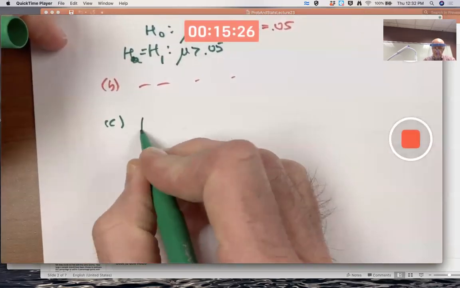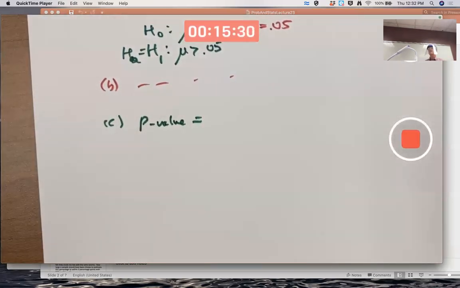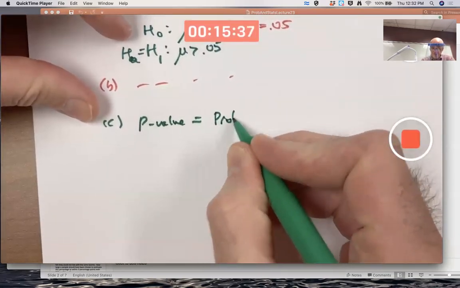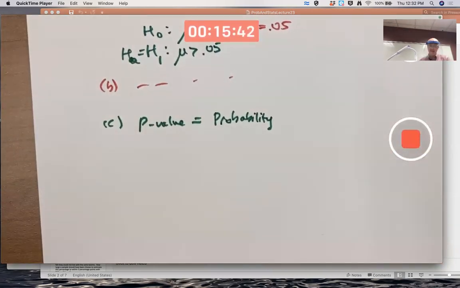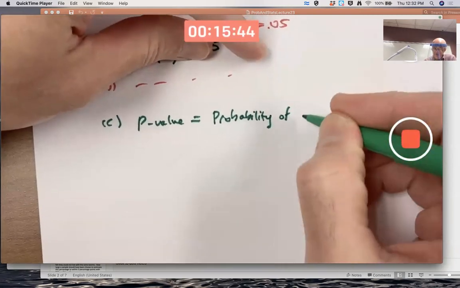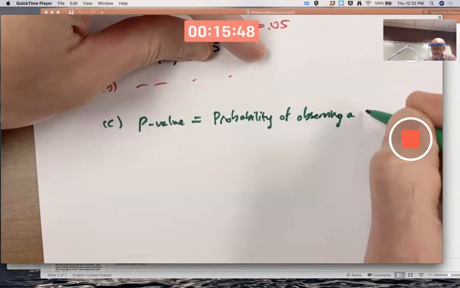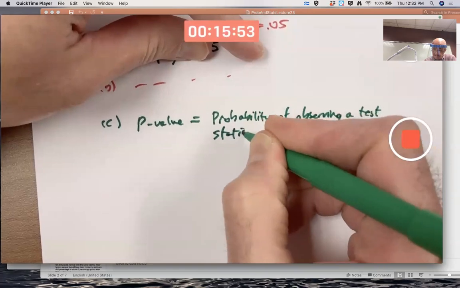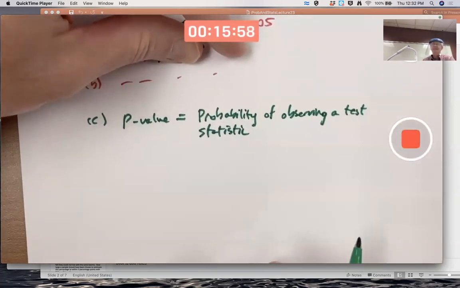The p-value in general, well, it is a probability. That's why it's called a p-value. It's the probability of observing a test statistic for your hypothesis test.